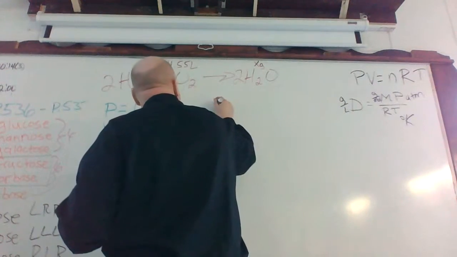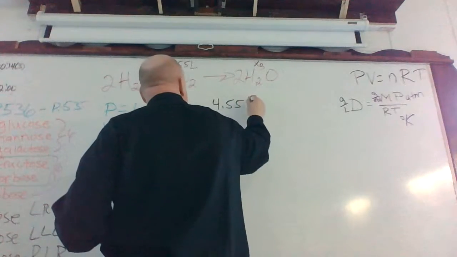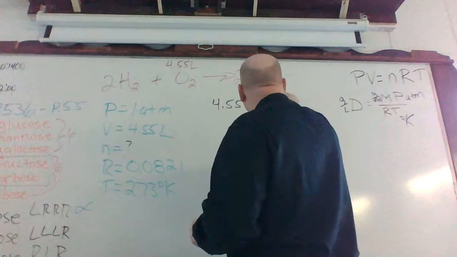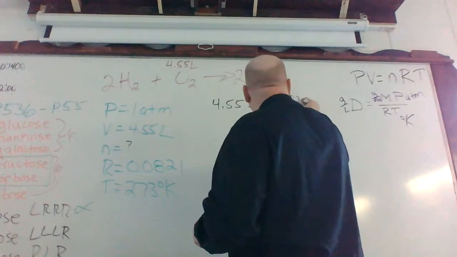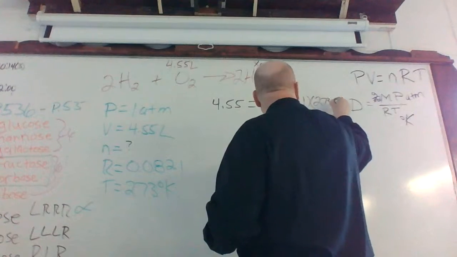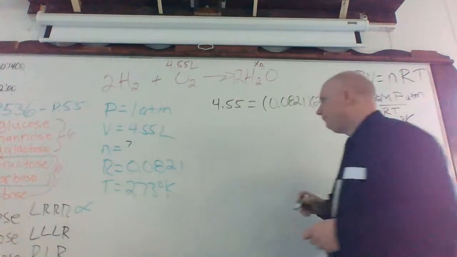Okay, so for every 4.55 liters, we get 0.0821 times 273 times N, correct?